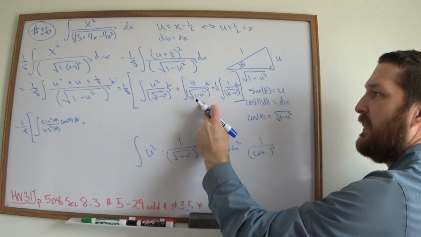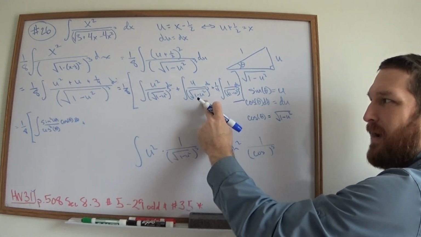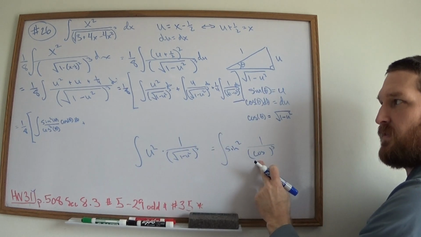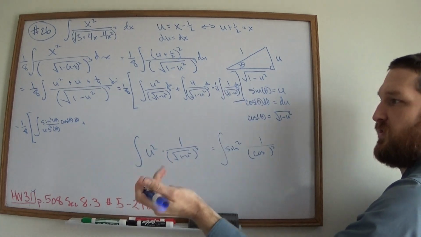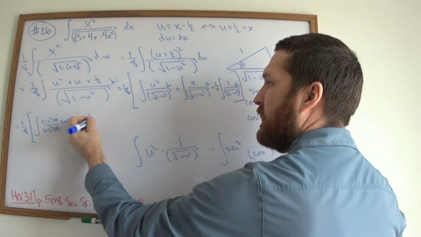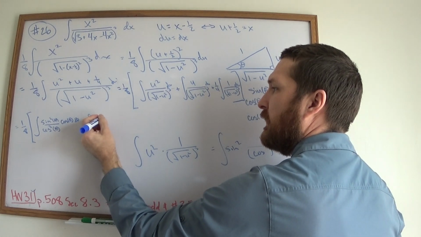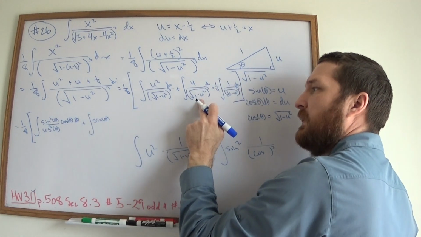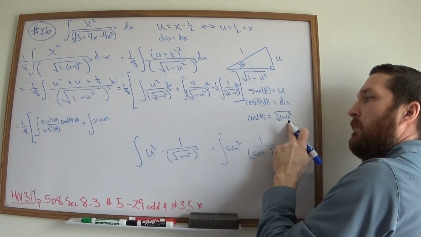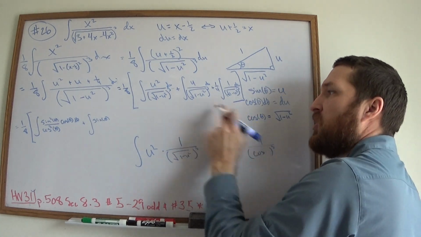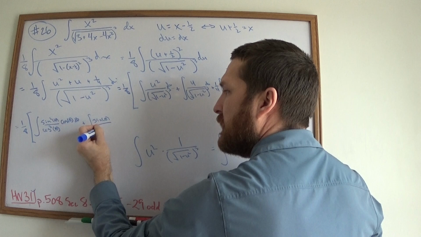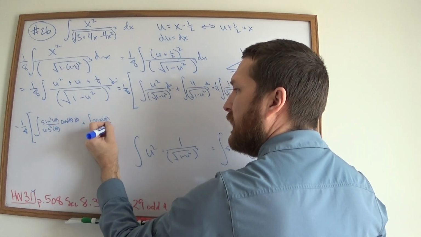Okay. The next one, same trick. The bottom's the same. That's still just cosine cubed. u is just sine, so u becomes sine theta. And the bottom, root 1 minus u squared is just cosine, so that's cosine cubed theta.